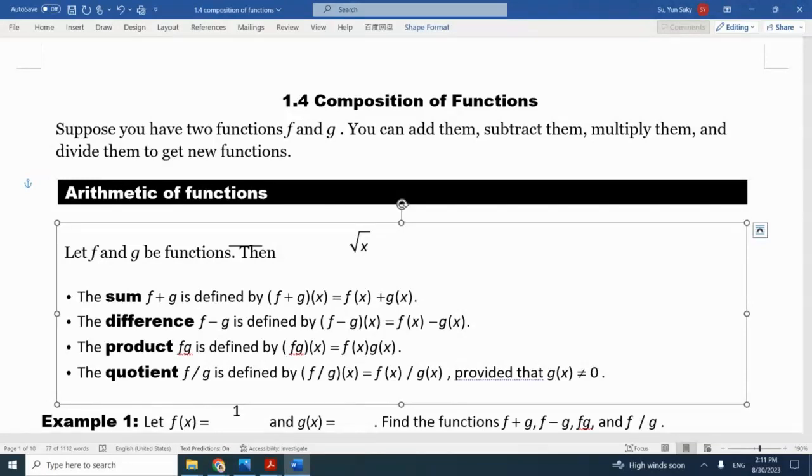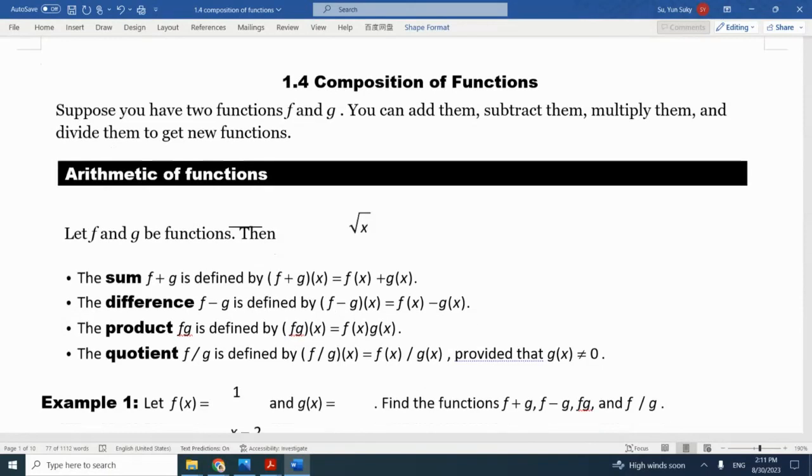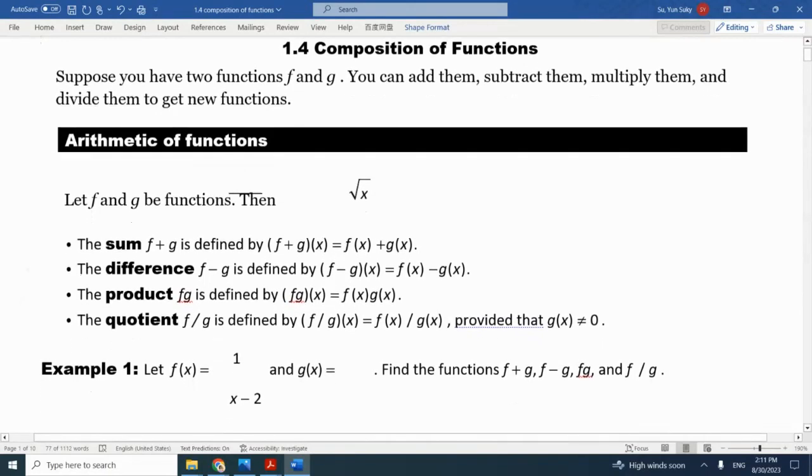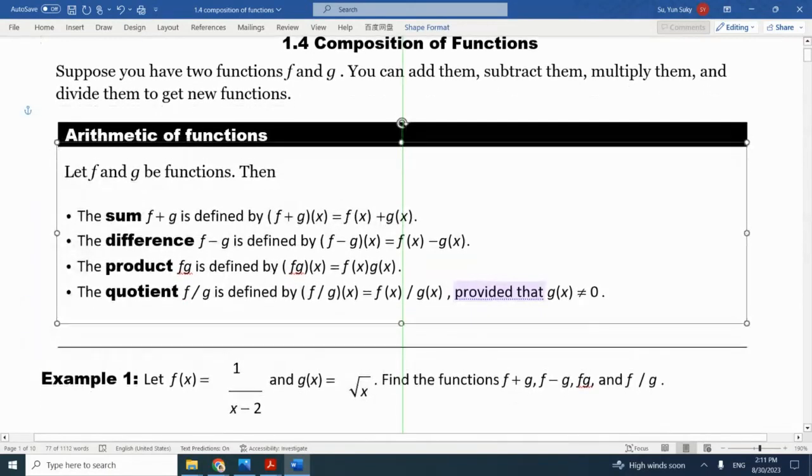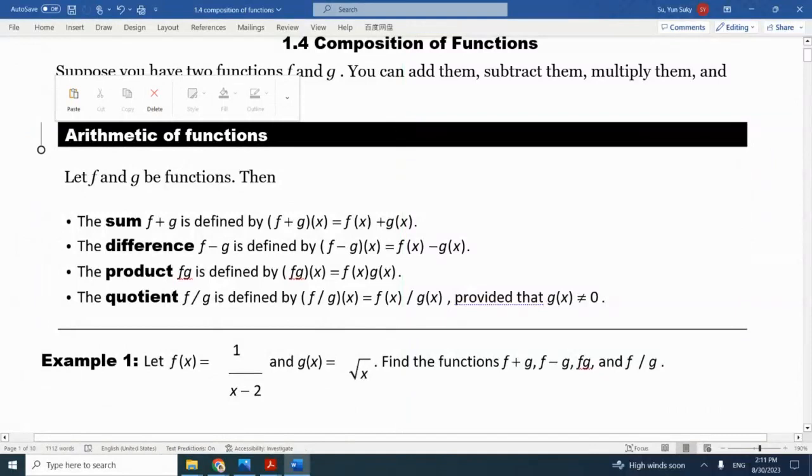Okay, good. So suppose you have two functions f and g. You can add them, subtract them, multiply them, and divide them to make new functions. So here, arithmetic of functions.